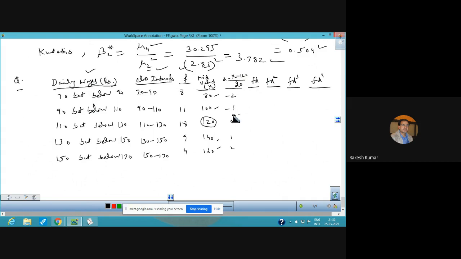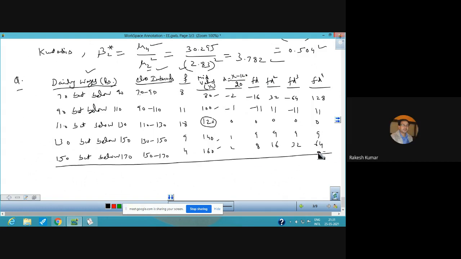Under fd, we have minus 16, minus 11, 0, 9, 8. Under fd square, 32, 11, 0, 9, 16. Under fd cube, minus 64, minus 11, 0, 9, 32. And under fd raised to power 4, 128, 11, 0, 9, 64.